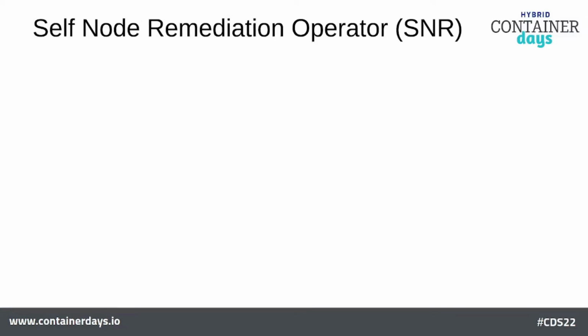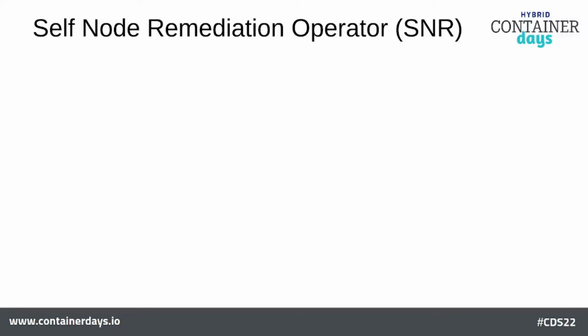The Selfnode remediation operator is the second Medik8s component I'd like to introduce today. The operator deploys a Kubernetes daemon set which is running the Selfnode remediation agent on each node. These agents watch for those remediation resources created by the node health check operator.